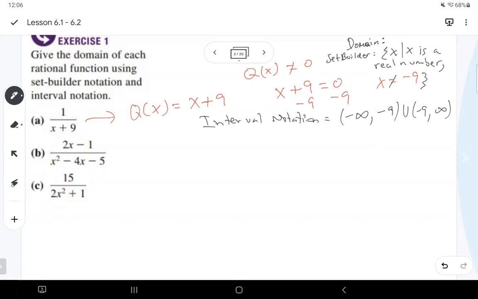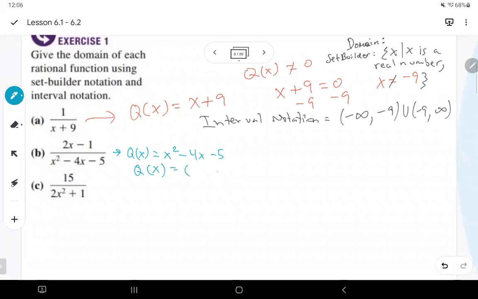All right. So for B, we're looking at a q of x equal to x squared minus 4x minus 5. We're going to go ahead and factor it to make sure it doesn't cancel with the top polynomial.